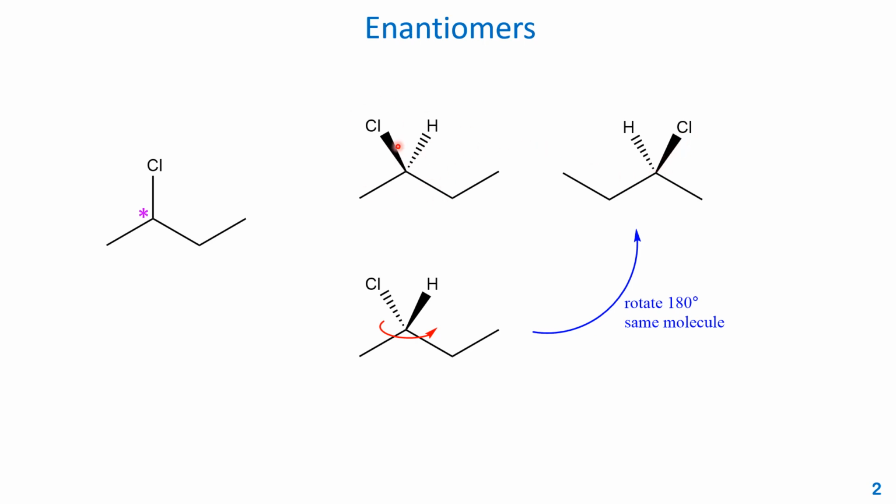Compared with the first stereoisomer, you may notice they are mirror images now. So this is a chiral molecule, and since they are mirror images, they are called enantiomers. This is a pair of enantiomers.